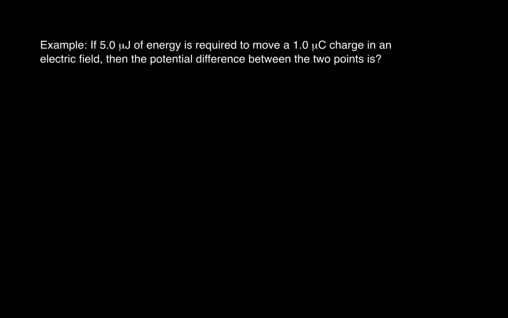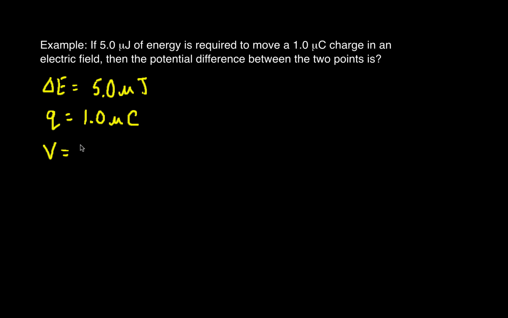Example: if 5 microjoules of energy is required to move a 1 microcoulomb charge in an electric field, then the potential difference between the 2 points is... So we have a change in energy equal to 5 microjoules, and we have a charge equal to 1 microcoulomb.